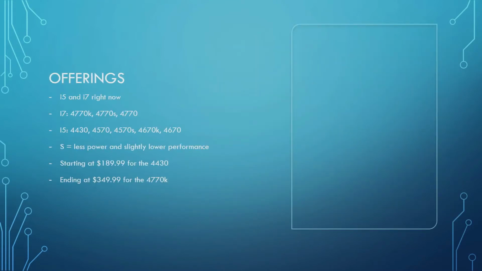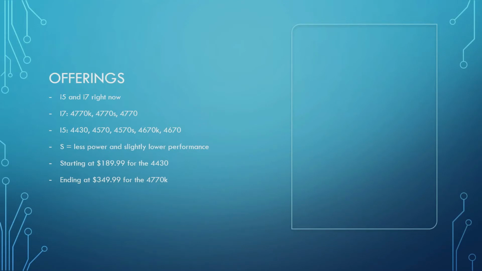Now, for the offerings, what they're exactly using right now and selling, i5 and i7 for the most part. Well, that's all you can find currently. And for the i7, the 4770K, the 4770S, and then the 4770.